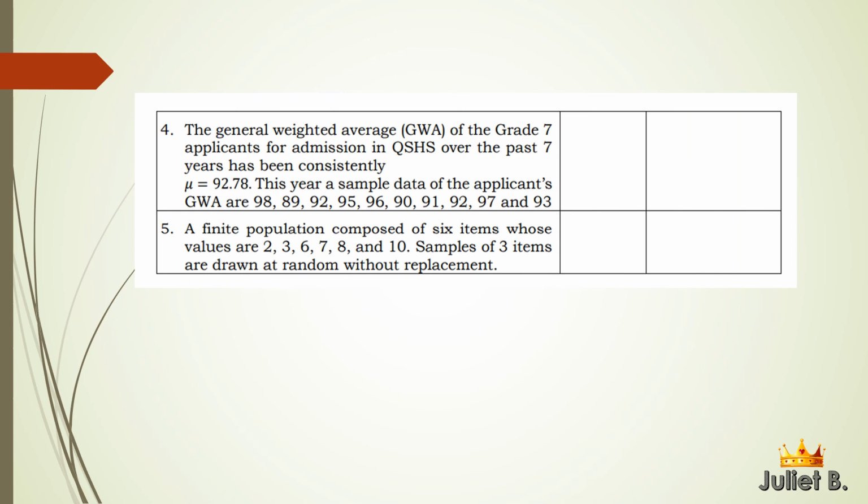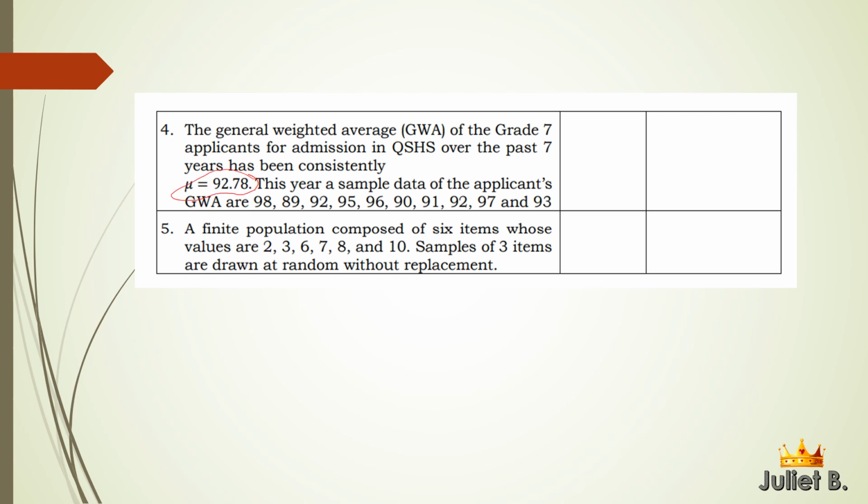The general weighted average of the grade 7 applicants for admission in USHS over the past 7 years has been consistently 92.78. This year, a sample data of the applicants' GWA are 98, 89, 92, 95, 96, 90, 91, 92, 97, 93. So, we have the mean.